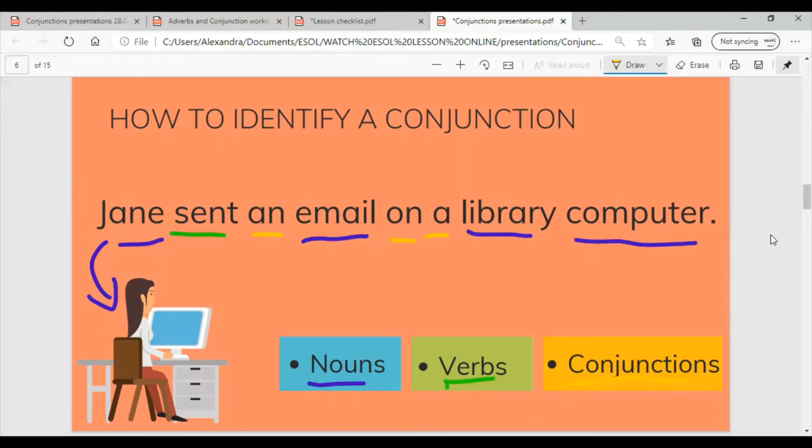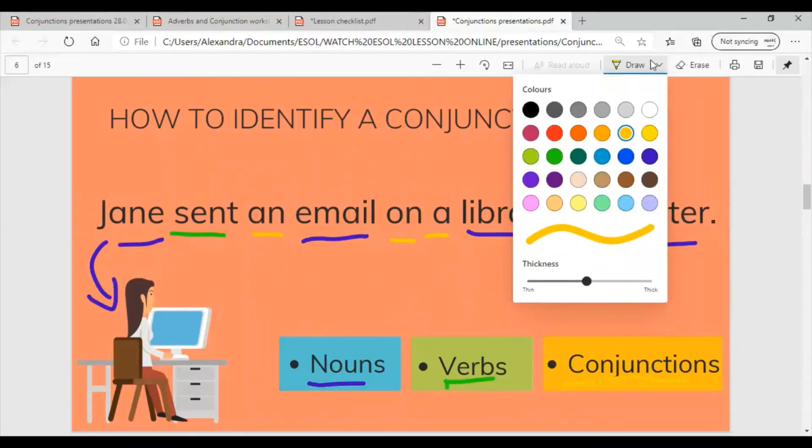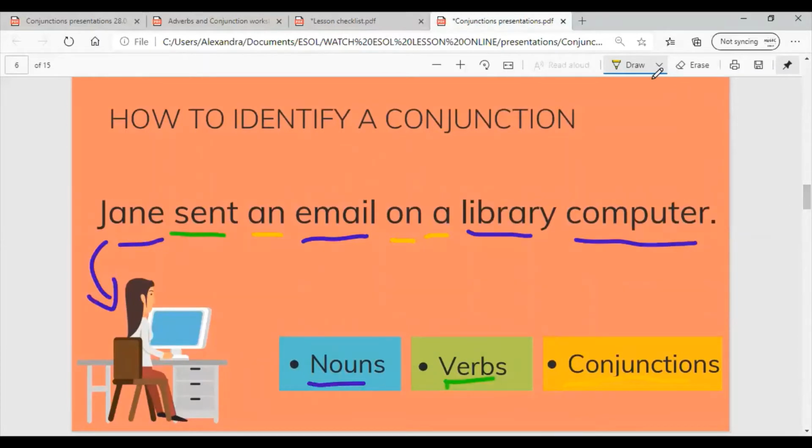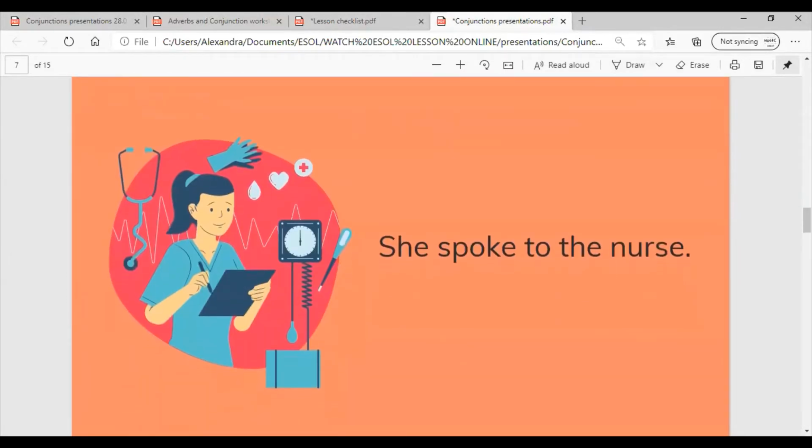And then you see with our conjunctions, our connective words, how much more this sentence makes sense. So you see how this sentence makes sense now with our conjunctions. That's the role that conjunctions play in a sentence, and it's a really easy way to try and identify what our connective words are. Okay, so here we have another example.